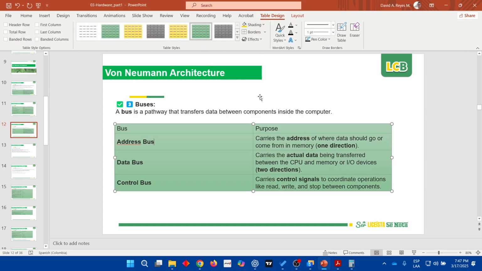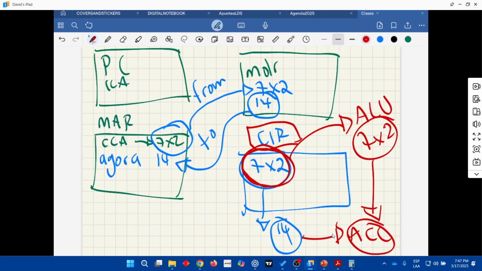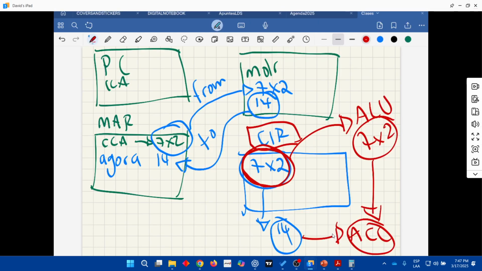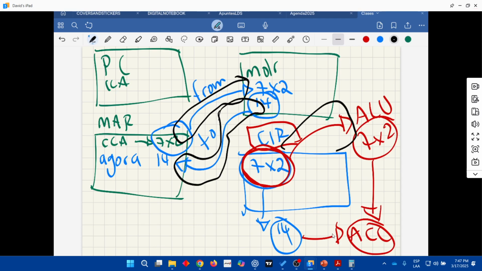all those information that I'm showing you here, look at all the arrows. This arrow, this another arrow, this arrow, this arrow, and this arrow. So that means the information travels from one part to another part.